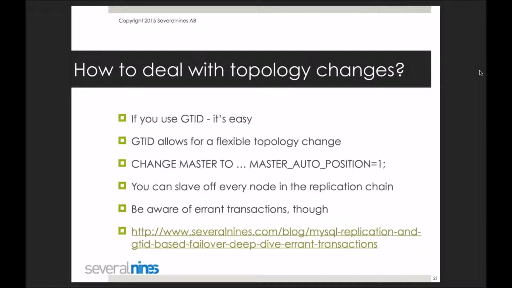You can slave off any point, and place this node at any place in your replication topology. What you want to keep in mind, though, are the errant transactions, and we'll be talking about this towards the end of this webinar.